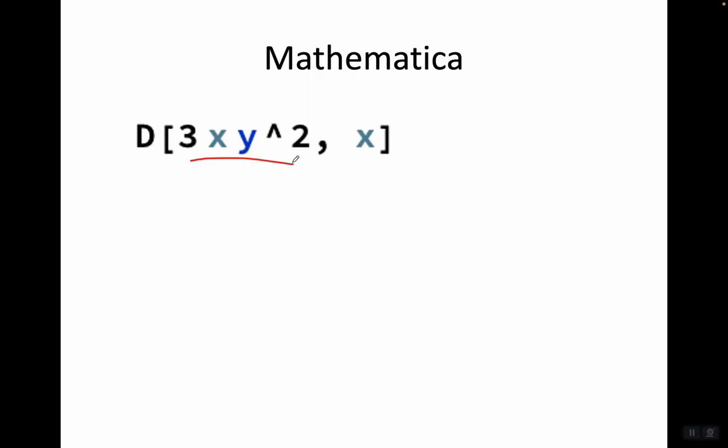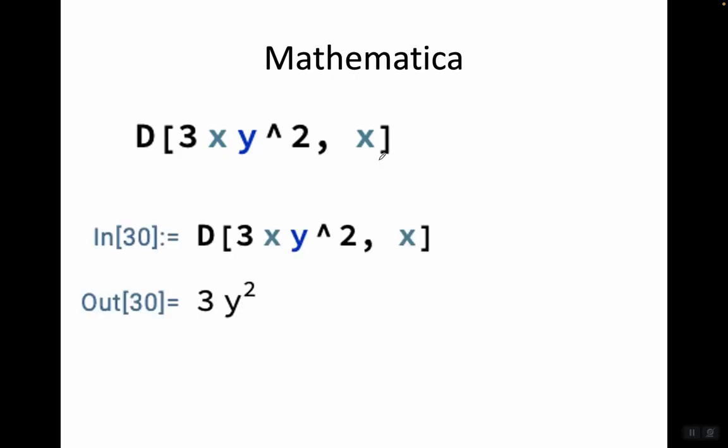This is the function that we want to differentiate. That's the variable we want to differentiate with respect to. If you enter that, Mathematica just spits out this. It spits out 3y squared, which is not the answer we wanted. Notice what went wrong. It's taking the partial derivative of this with respect to x, and that's not what we want. We want to treat y as a variable of x.